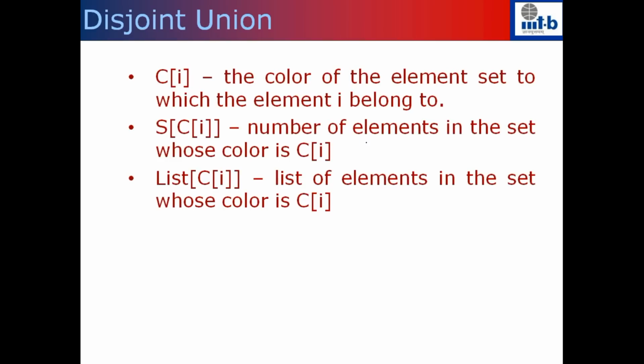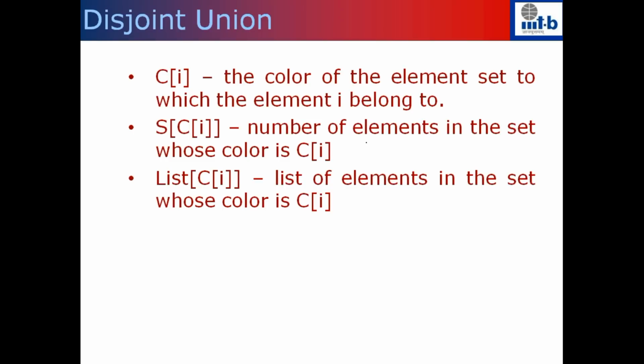So if I have to implement this algorithm, what I need is, given an element I, C of I, the color of the set to which the element actually belongs.